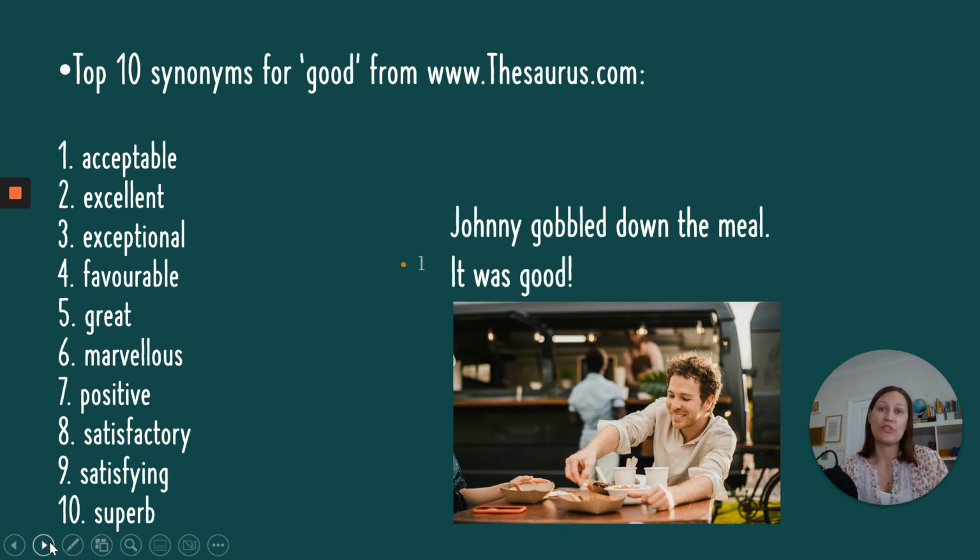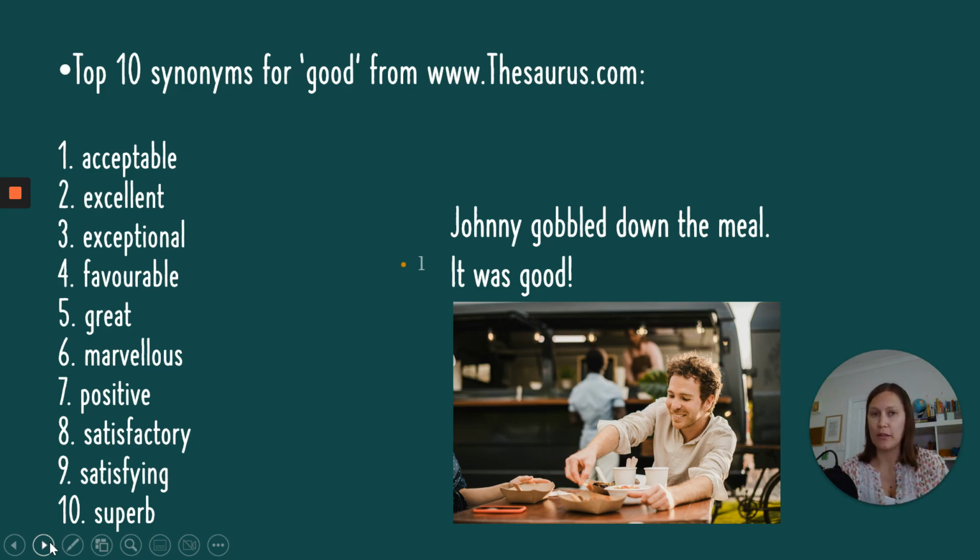I went to thesaurus.com and I typed in the word good, and here were the first 10 options. Let's have a look at these options in my sentence. Johnny gobbled down the meal. It was acceptable. It was excellent. It was exceptional.